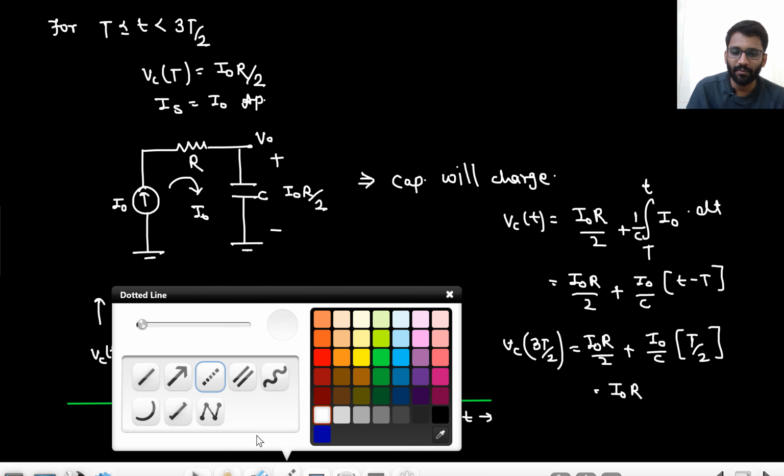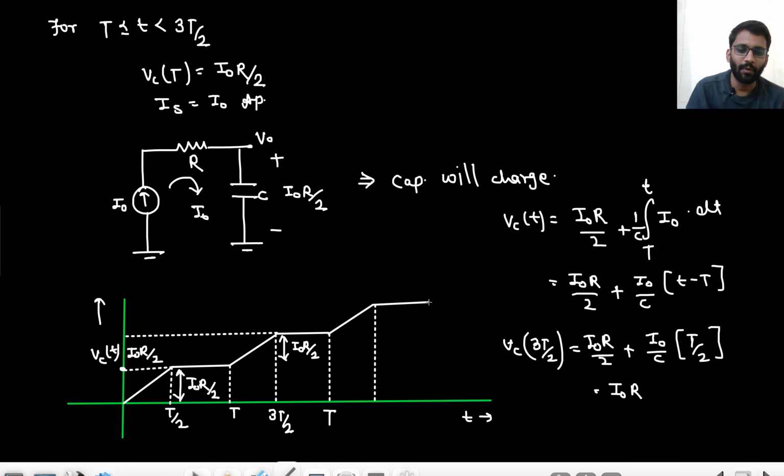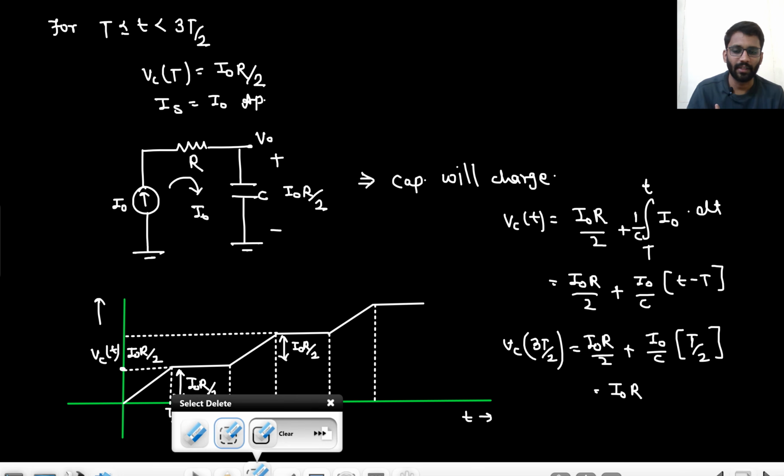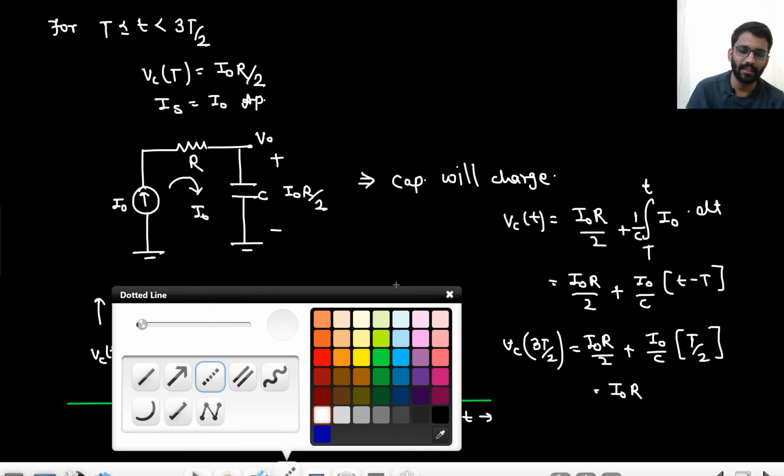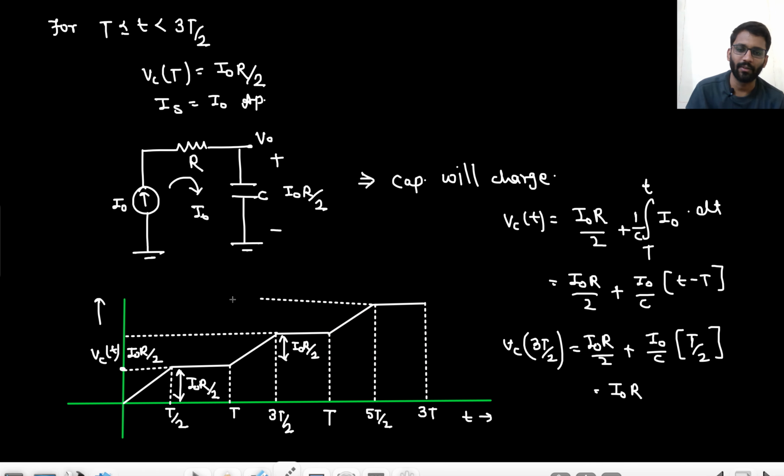So in the exam, they can ask you questions like, what will be the capacitor voltage after 3 cycles? So in every cycle, it is developing I naught R by 2 voltage, right? Like this will be 5T by 2 and this will be 3T. In one cycle, it has developed I naught R by 2 voltage. In another cycle, it has developed more I naught R by 2 voltage. And then in another cycle, again more I naught R by 2 voltage.